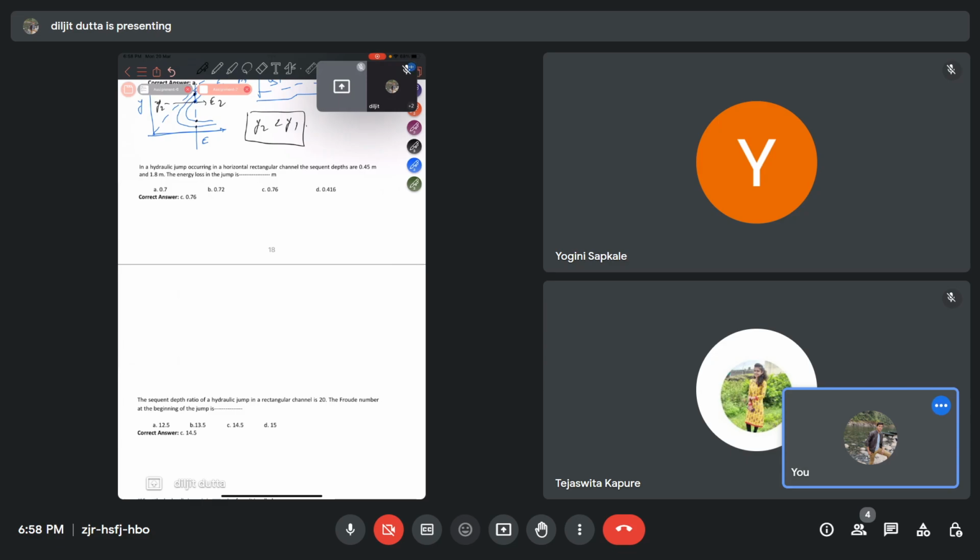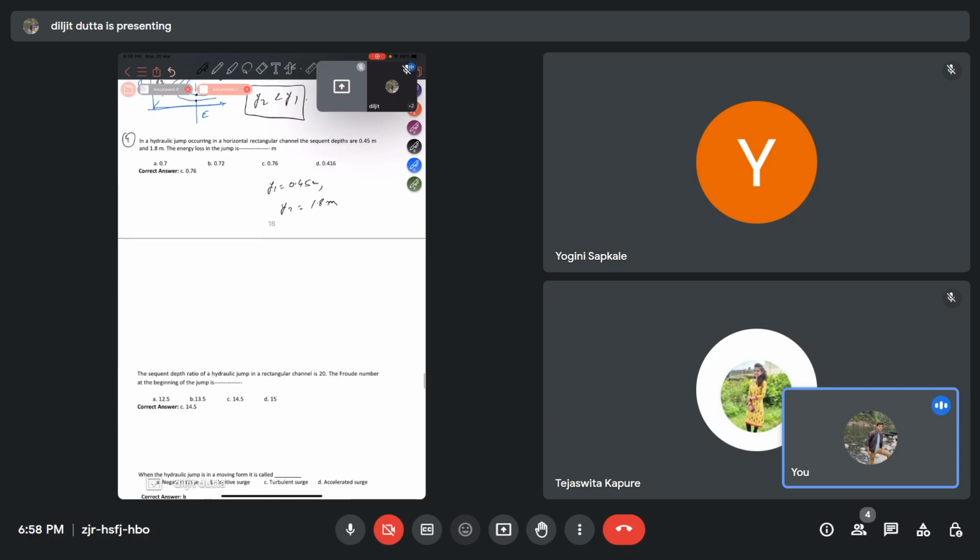Okay, next question. In a hydraulic jump occurring in a horizontal rectangular channel, the sequent depths are 0.45 meter and 1.8 meter. So Y1 is 0.45 meter, Y2 is 1.8 meter. We need to get the energy loss in the jump. So delta E is given by (Y2 minus Y1) whole cube by 4 Y1 Y2.